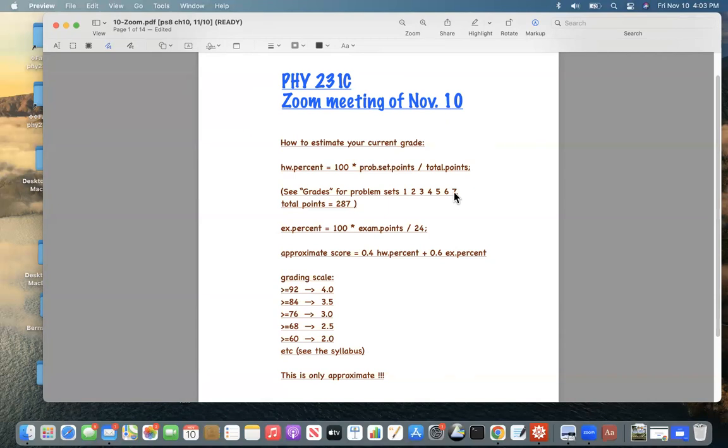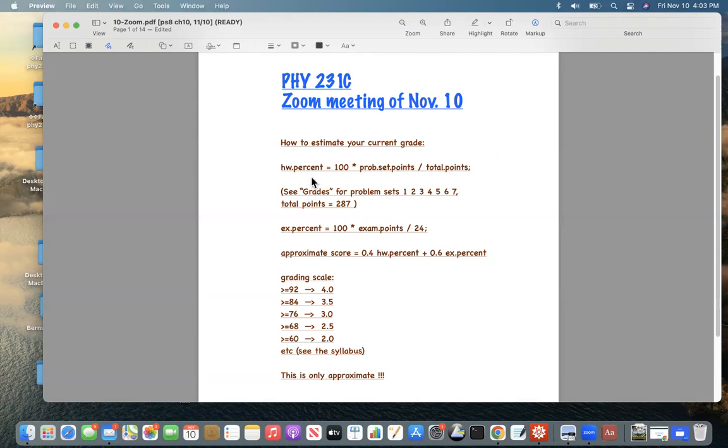You're working on problem set 8 now. The total number of points possible on problem sets 1 through 7 was 287. So to estimate your homework percentage, take your total problem set points, divide by 287, multiply by 100 to convert it into percentage.